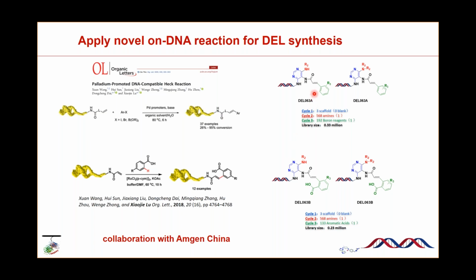They can be different, and both the Heck reaction and the C-H activation reaction can be used for this type of library, and we can compare to see what the difference is. We hypothesize that for this type of library, especially with the acid group left there, they could have some interactions with some supporting chemistry.